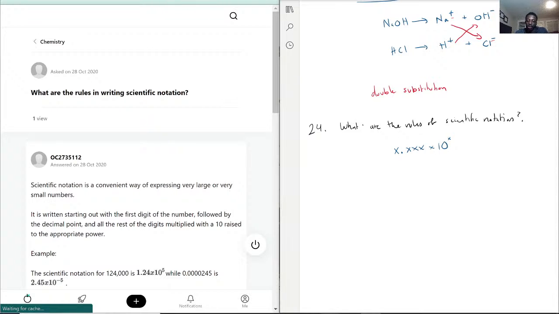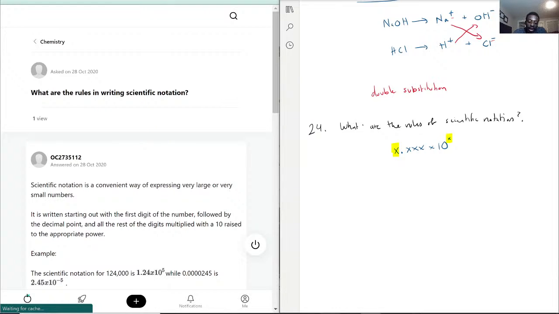The most important part is that proper scientific notation only has one digit before the decimal. And the exponent in the multiplication factor is based on how many places you moved the decimal from your initial number. As I said, we're going to have a plethora of examples.